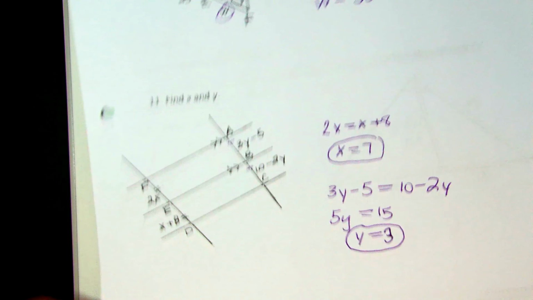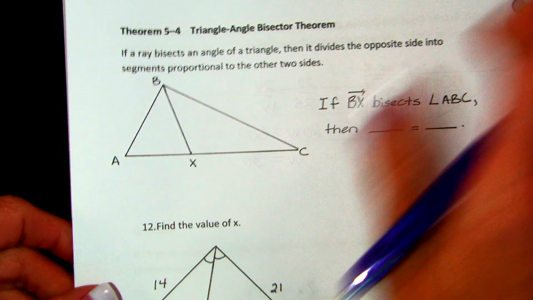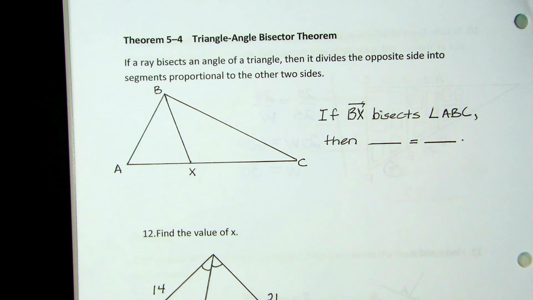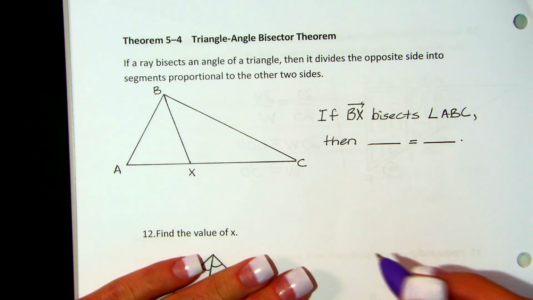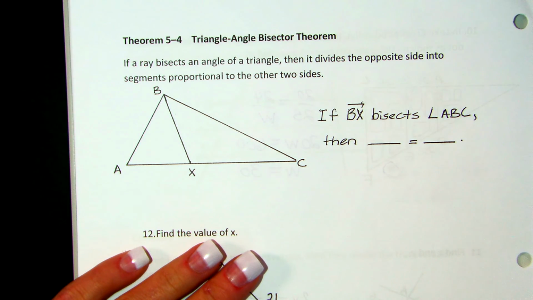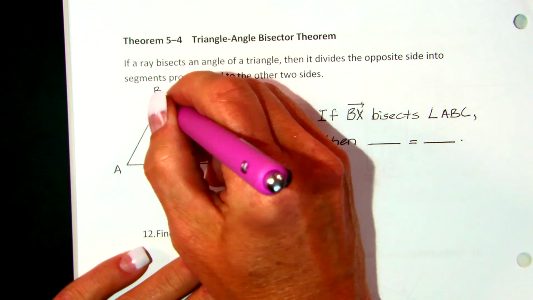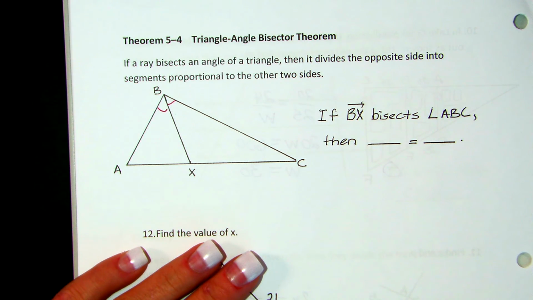All right, last page. All right, so the last theorem is the triangle angle bisector theorem. So if a ray bisects an angle of a triangle, then it divides the opposite side into segments proportional to the other two sides. So you'd have to be given the notation that those are congruent, or told that the ray bisects the angle of the triangle.